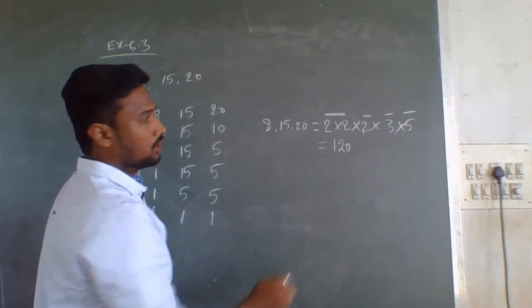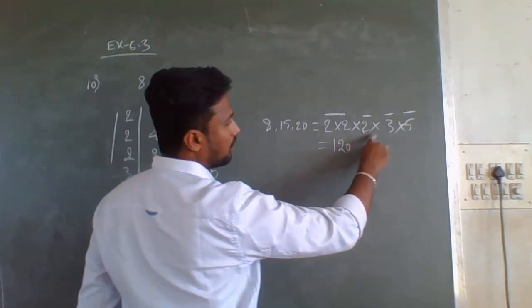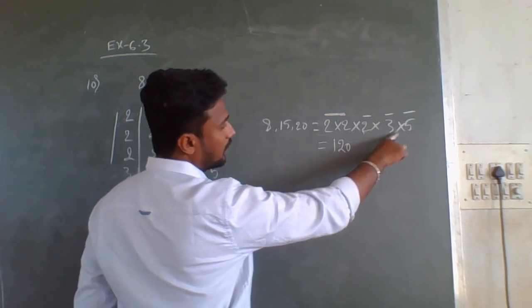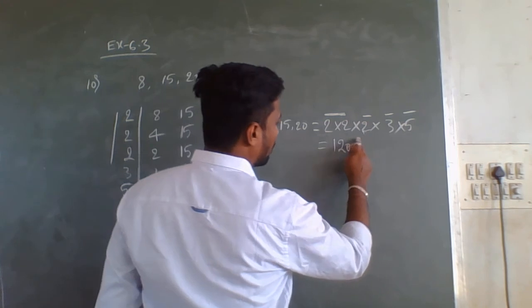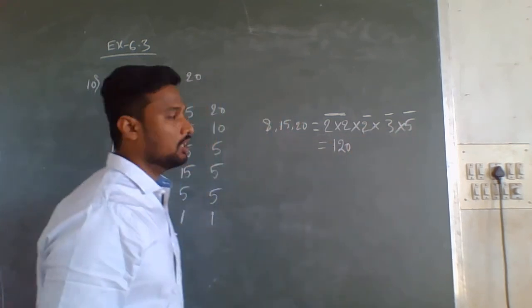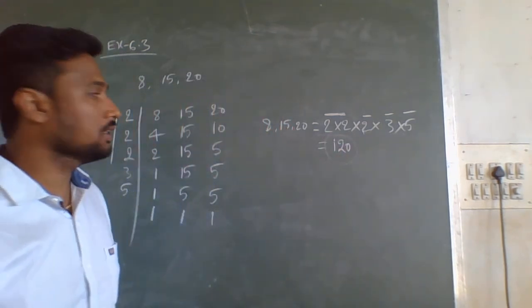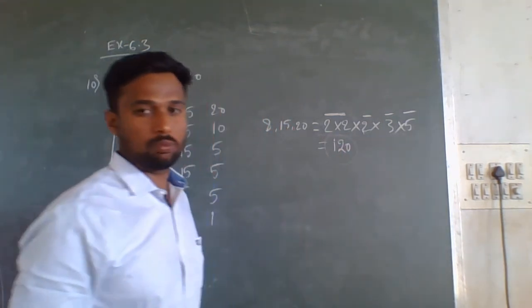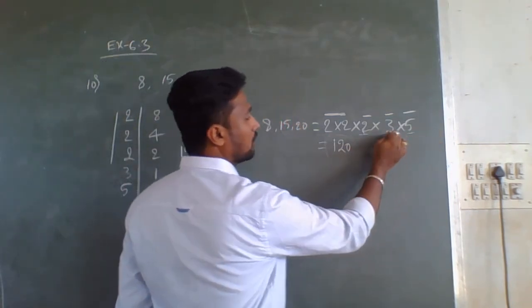Here there are 2's, but only one remaining 2 is there, a single 3 is there and one 5 is there. This means we have to multiply this 120 with 2, 3, 5 because this 120 is not a perfect square number. Why is 120 not a perfect square number? Because these numbers 2, 3, 5 are not paired.